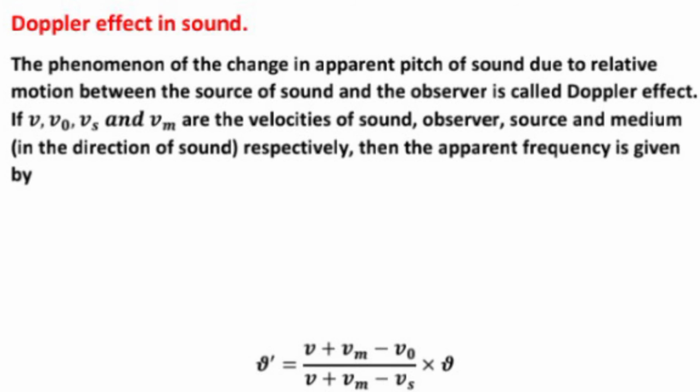If V is the velocity of sound, V0 is the velocity of the observer, Vs is the velocity of the source, and Vm is the velocity of the medium, then the apparent frequency is given by nu dash equal to V plus Vm minus V0 upon V plus Vm minus Vs into nu.